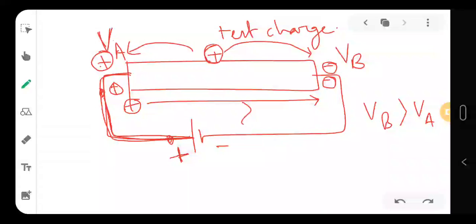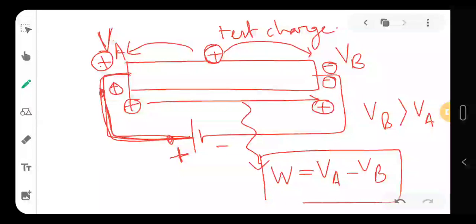So when this positive charge comes to point VB, the extra energy which it was having will be released. This extra energy is VA minus VB. This extra energy is the work done by the positive charge who is moving. This work done is called potential difference or voltage.